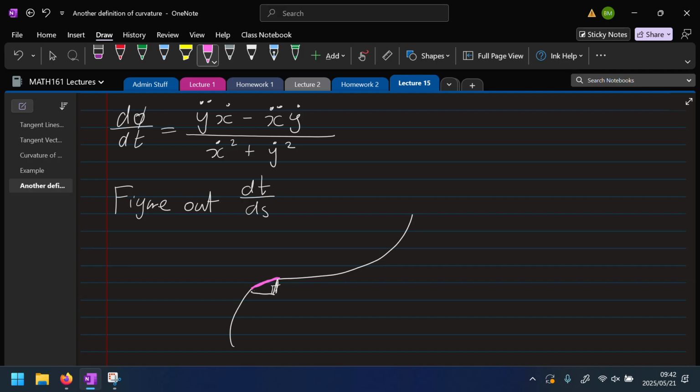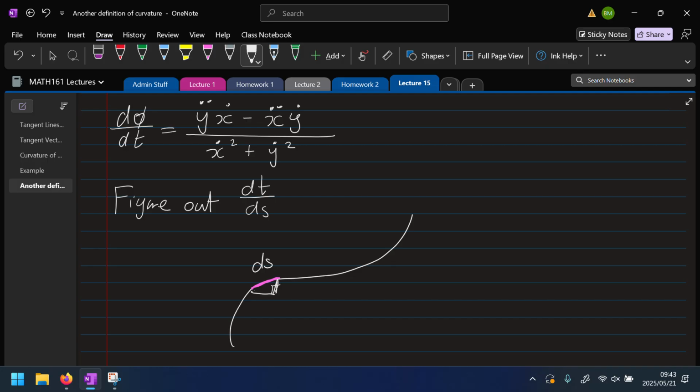Now, if we zoom in very, very close, that curve length becomes flat. That little curve bit ends up becoming a little small flat line, which we can call ds. So s, that's the length, ds, that's just a little tiny piece of the length.